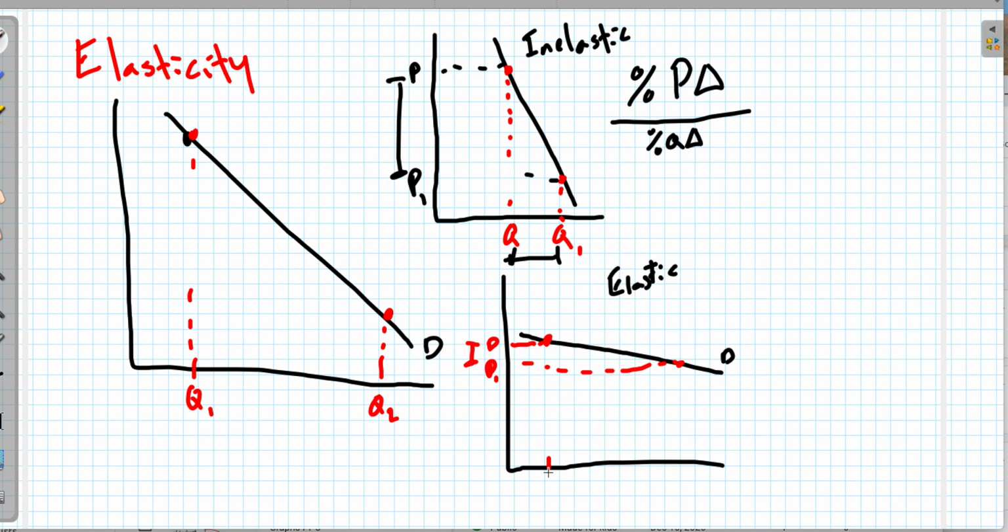That's it. But look at the quantity change. It went from here to here. And that is a big difference. So in an elastic situation, we have a relatively small price change that causes a humongous quantity change. And that would be elastic.